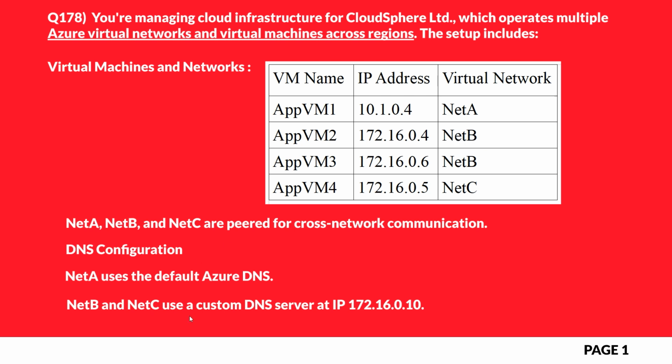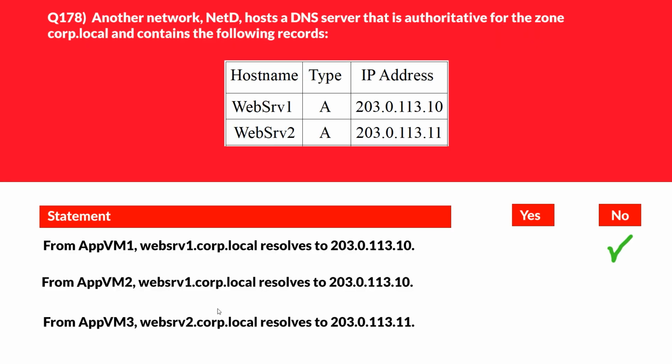Net B and C, if we look, use a custom DNS server. So app VM2 can resolve web server 1 corp local, since it uses the custom DNS server configured for corp local. Looks good, therefore the answer is yes.